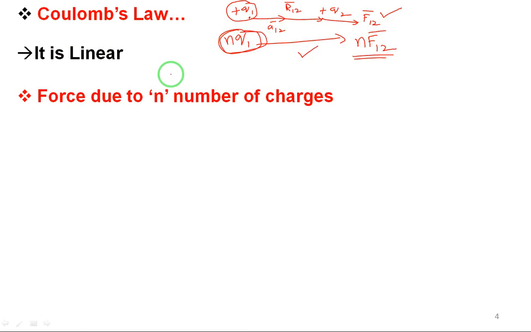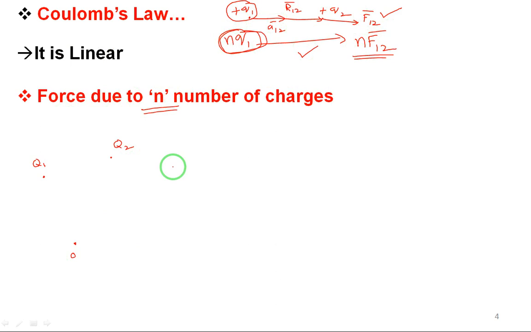Next, in the previous part we considered only two charges. If there are more charges, we will see the force due to n number of charges. So there is an origin here. I will locate one charge Q1 here, and another charge Q2 here.